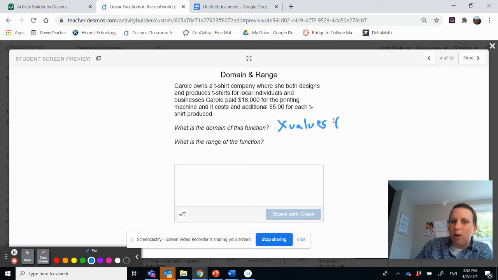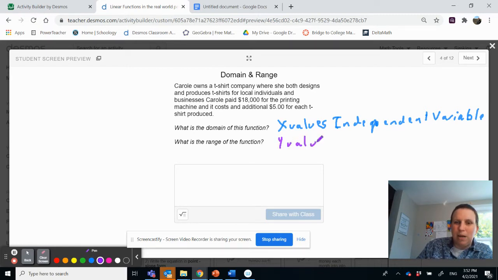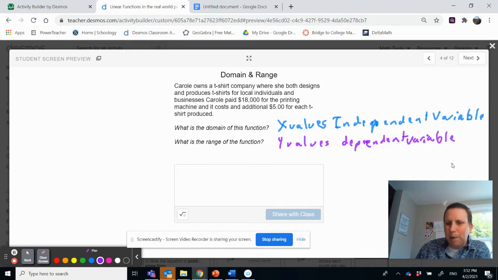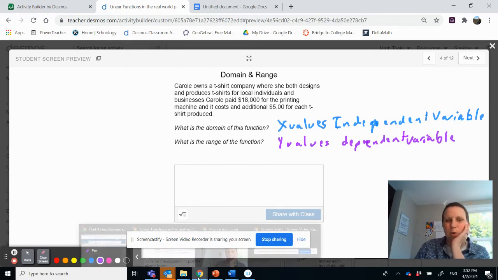The x values we also think of as the independent variable. The y values we sometimes think of as the dependent variable. So these are what's going to go on x and y in the graph.